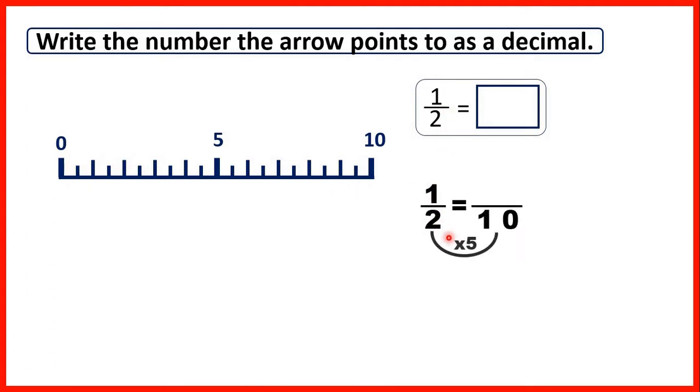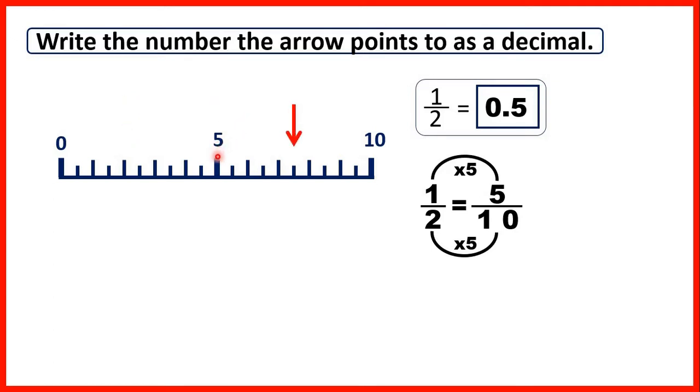So 1/2 as a decimal is 0.5, because that's the same as 5/10ths. So now the arrow is pointing to a longer line, and remember the longer lines were whole numbers. So after 5 we have 6, so that's just 6 wholes. And here we have 0, 1, 2, so that's just 2 wholes.